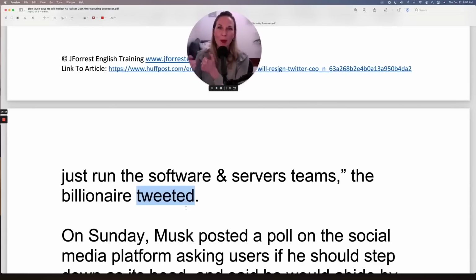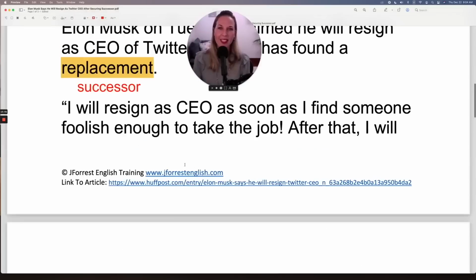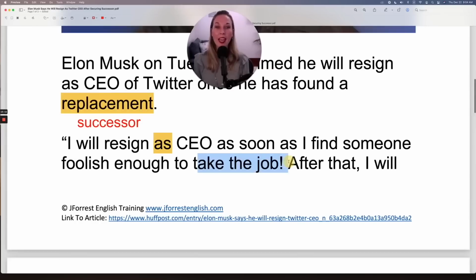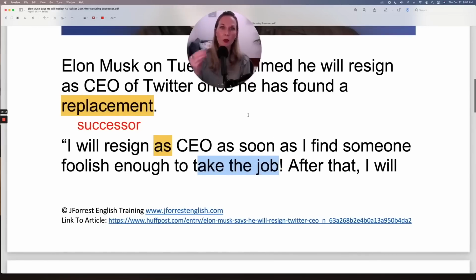In this case, it's coming from his fingers instead of his mouth, but it's still a quote because it's reporting what he said. So resign as, notice we're using the preposition as with the job title as well. Now take the job. This is the same as finding a replacement, finding a successor.